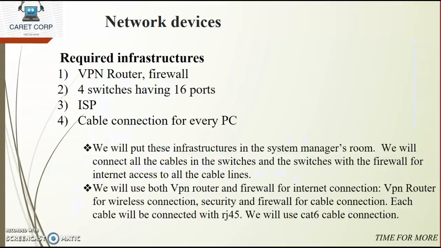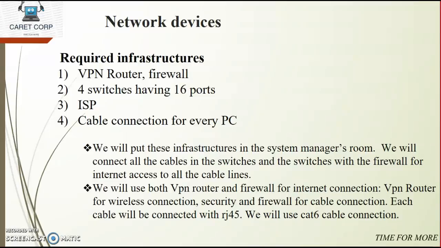On the network devices, we propose the VPN router and firewall. This is to secure the network connectivity across its management. Also, we're proposing 4 switches having 16 ports at every office, an ISP as a service provider, and cable connection for each PC.